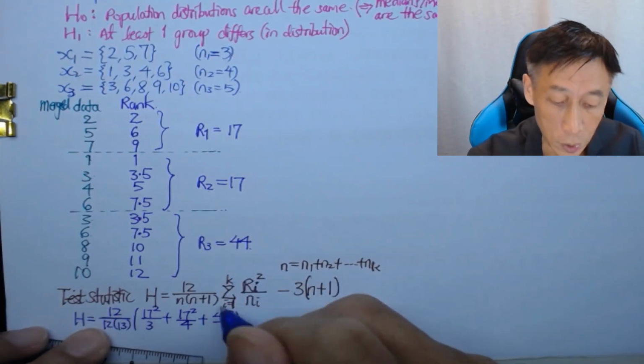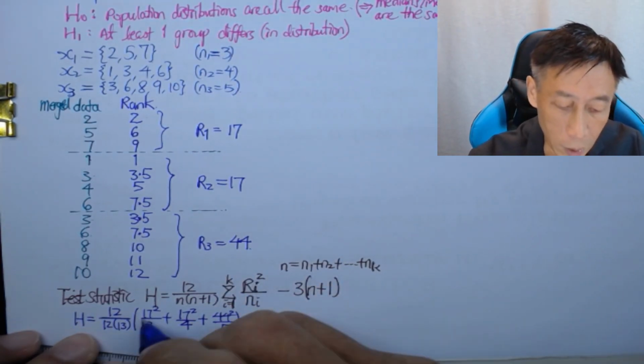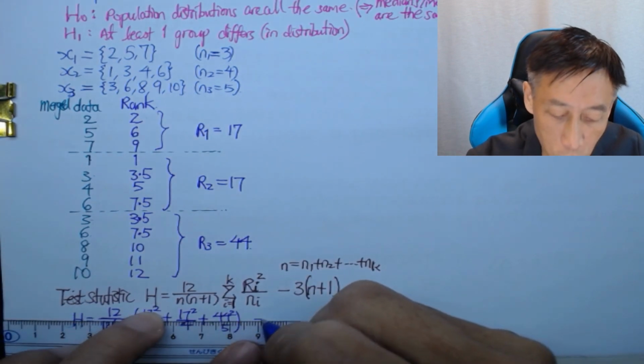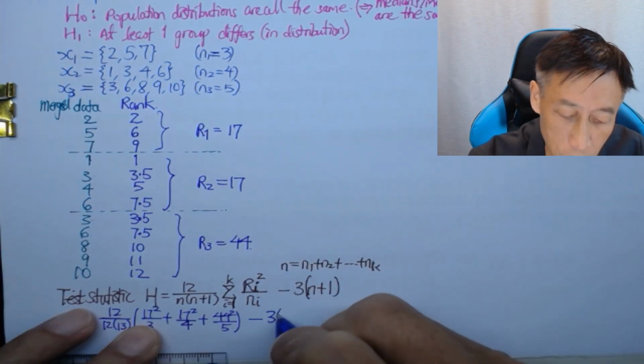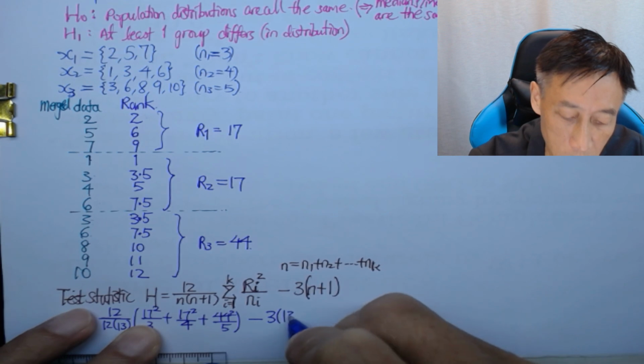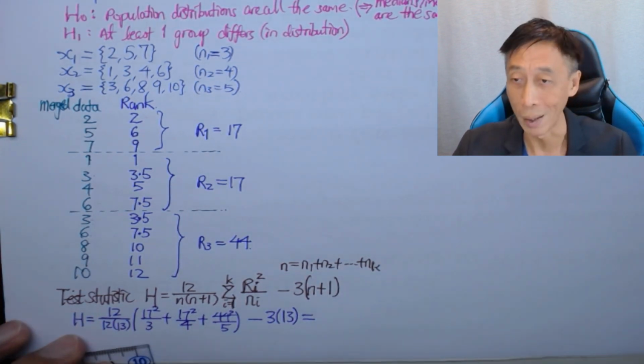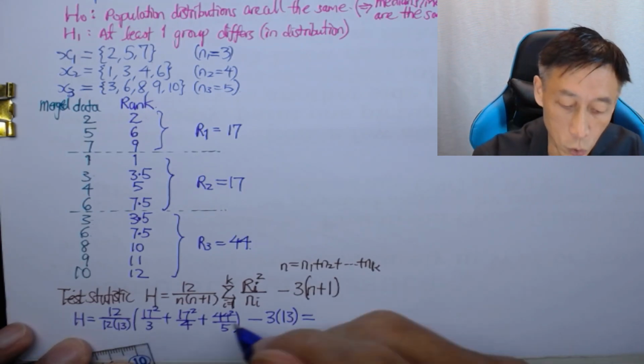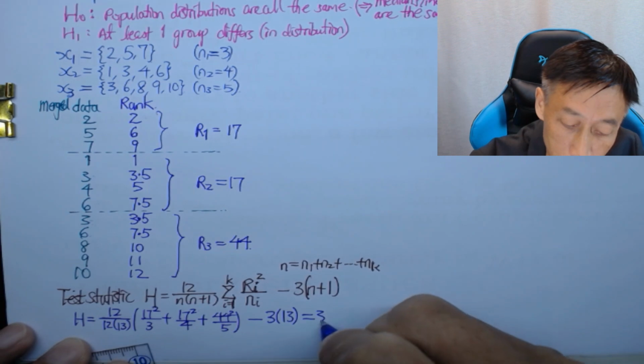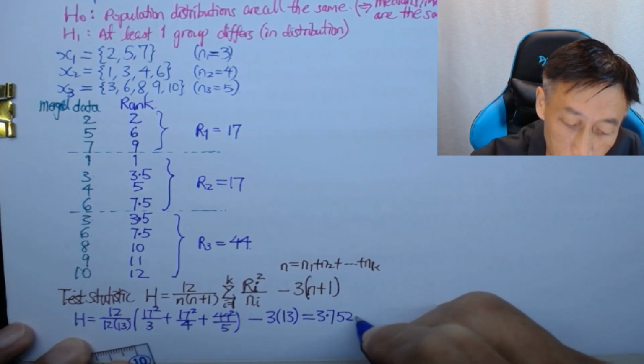This is what the summation means. Once you finish the summation, you have 3 times 12 plus 1, 13 here. I'm not going to do primary school mathematics here, the whole thing will evaluate to 3.7526.